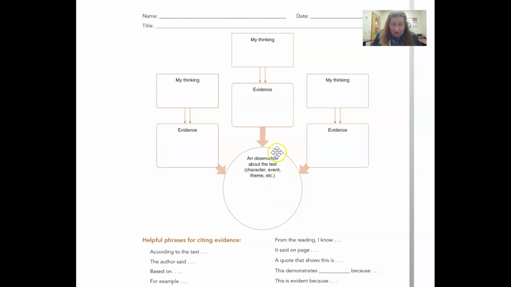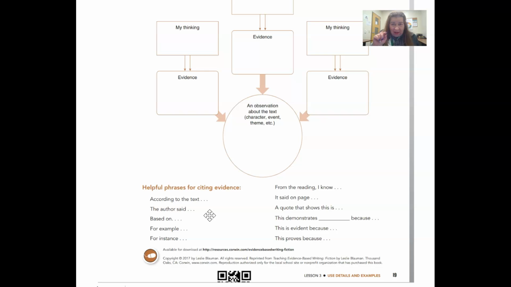And look over how it helps you think about what you observe, which could be a character, or an event, or a theme, and then use evidence to back up your thinking. Okay, what I really liked about this graphic organizer are the helpful phrases to put into your writing to make it stronger by using these citations for evidence.